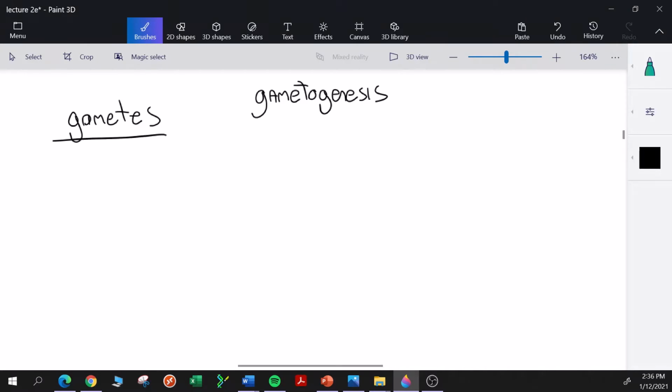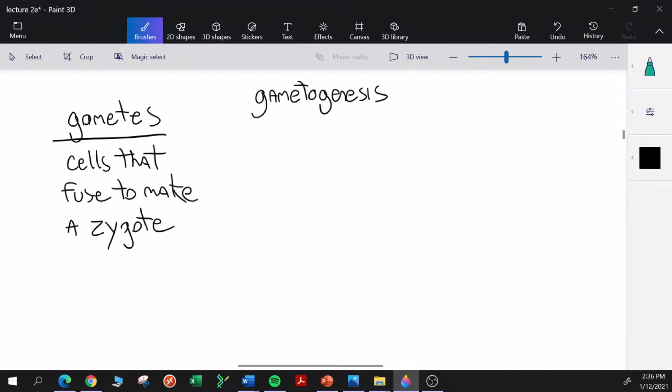A good definition would be cells that fuse to make a zygote. Examples of gametes: sperm, eggs, pollen. These are all types of gametes that are produced by gametogenesis in either plants or animals.